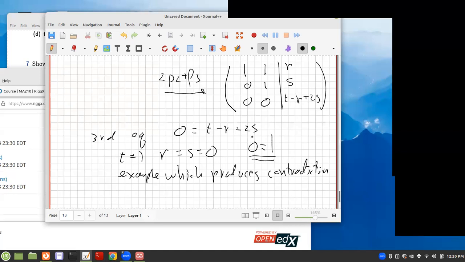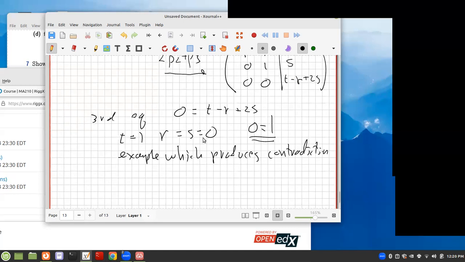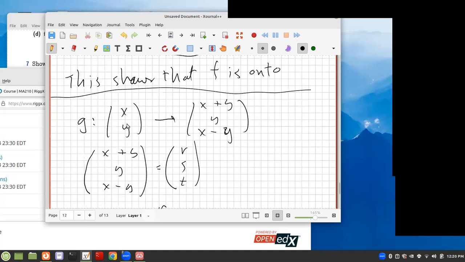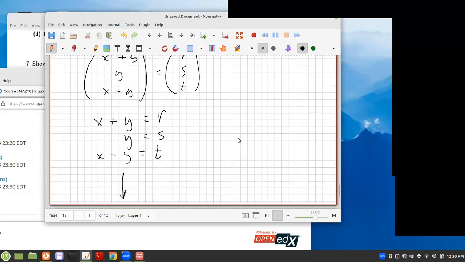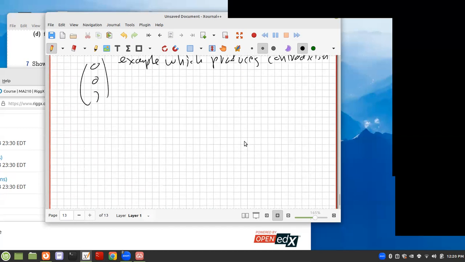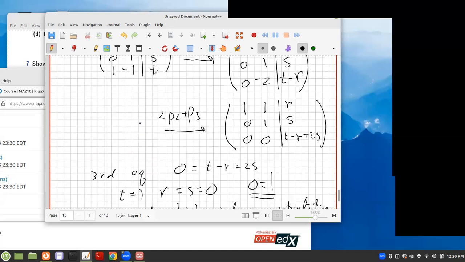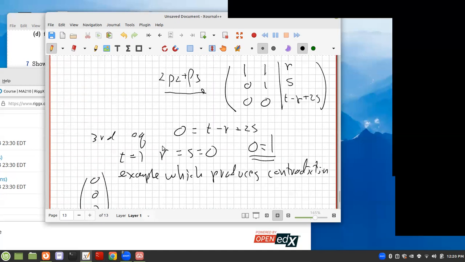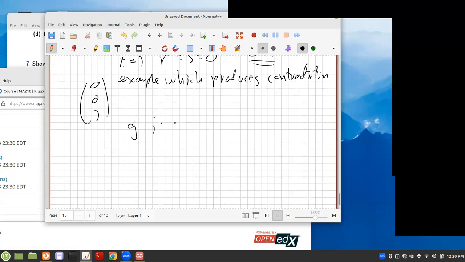Okay, so because we found we can't choose any R, S, and T and expect to find an X and Y that maps to it, we can find vectors, in particular this one, 0, 0, 1, that you cannot reach by choosing X and Y under this map. So therefore, the map G here is not onto.